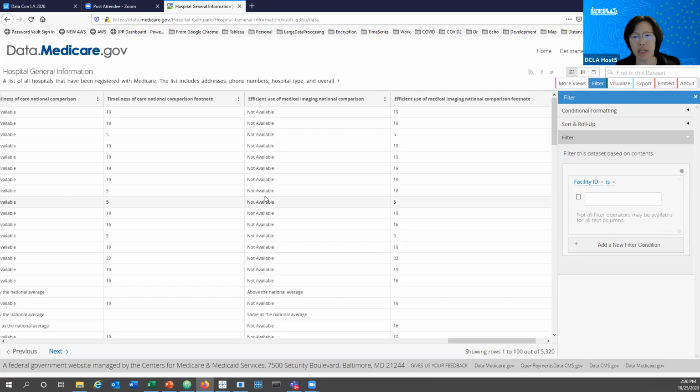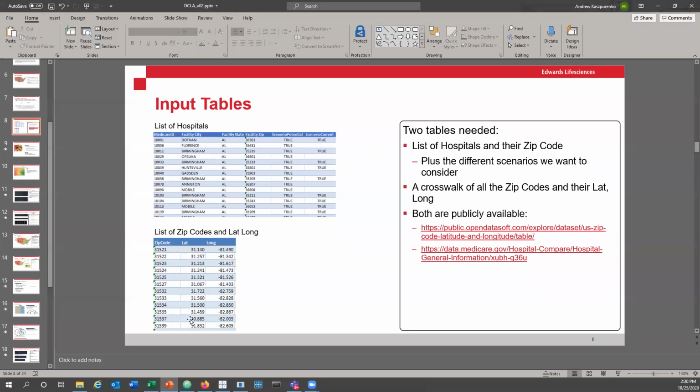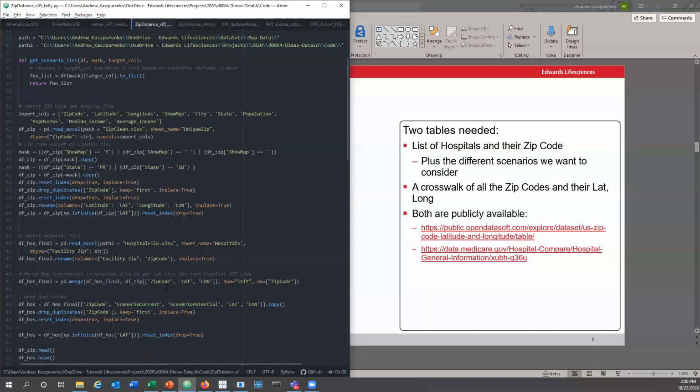Another question in the chat is, can you provide some sample Python code for all the interesting stuff you mentioned in your slides? Yes, and I'll put that up with the deck also. It is fairly simplistic at the end of the day.